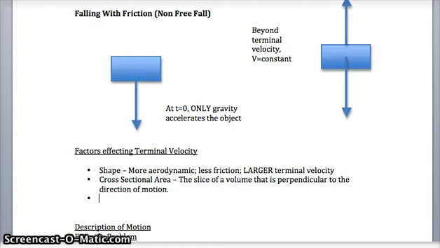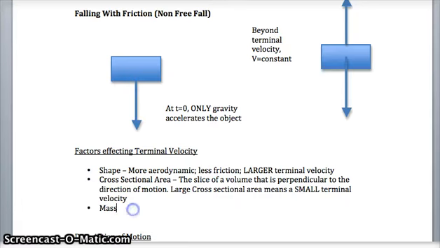And the third factor that affects terminal velocity is mass. Let me go back and include this. So a large cross-sectional area means a small terminal velocity.